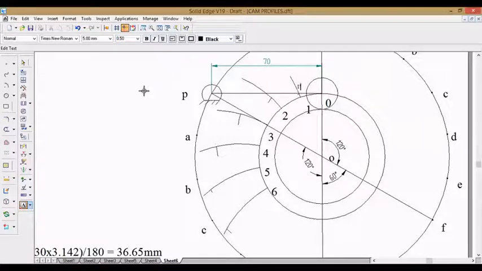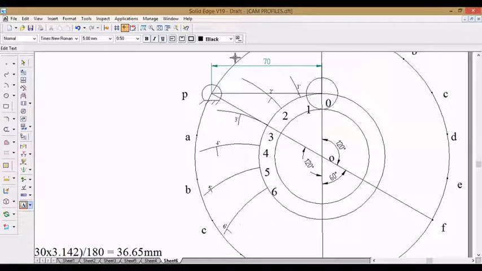This is 1 dash, this is 2 dash, 3 dash, 4 dash, 5 dash, and 6 dash. See, I had drawn this arc on the previously drawn arc. There is no straight line there.